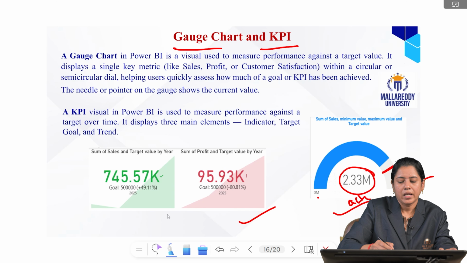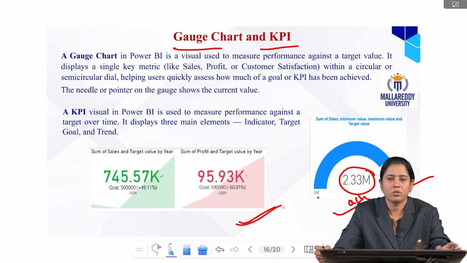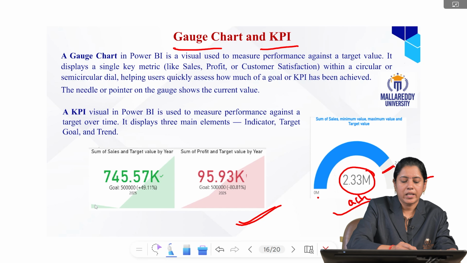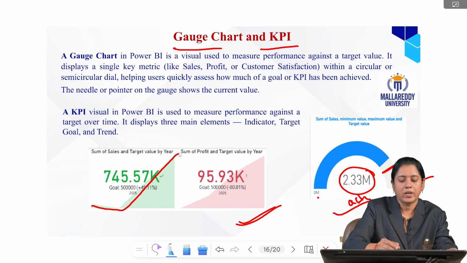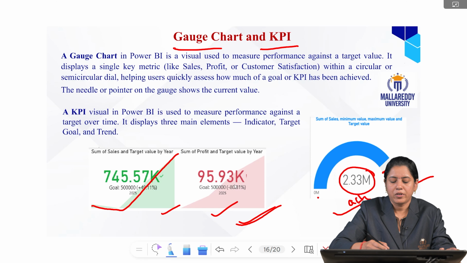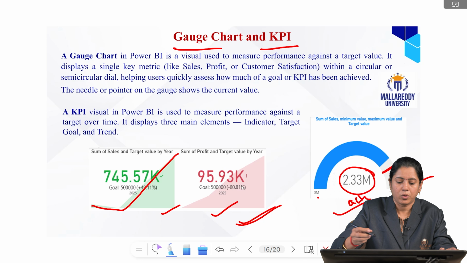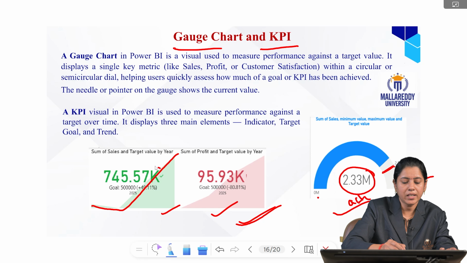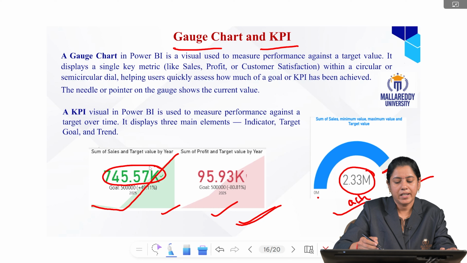Similarly, the KPI also shows whether we reached the target or not. Along with that, we give the trend analysis in the background. Observe that in both we have a background area chart that gives us the information about the trend over time. Green color means the target is reached, red color means the target is not reached.